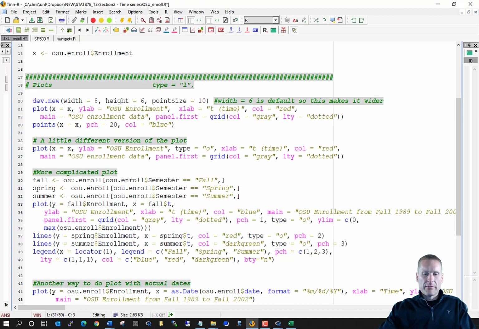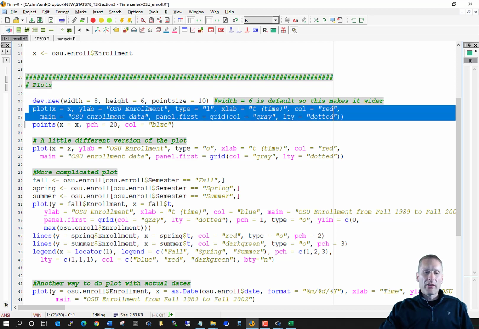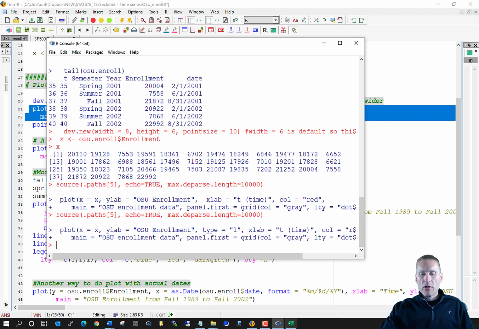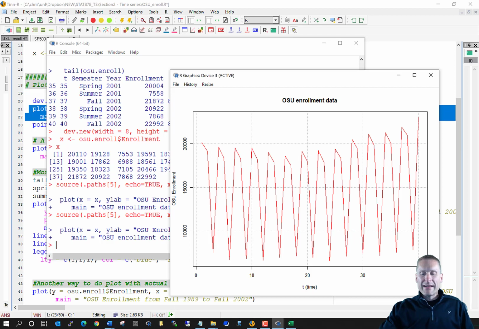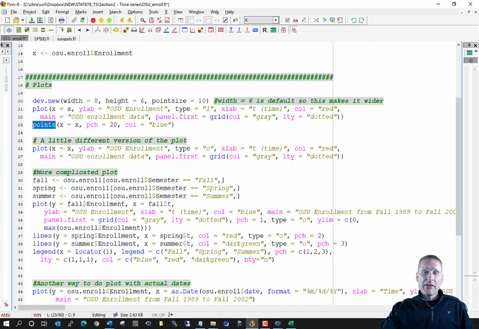So to do that then, that's where I can use the argument type. Type equal L stands for line. So R says, okay, what I'm going to do is just simply join each point that we had seen previously with a line. Unfortunately, though, it doesn't actually put the points there. It just has the lines. So what we can do is add the points back in using the points function.